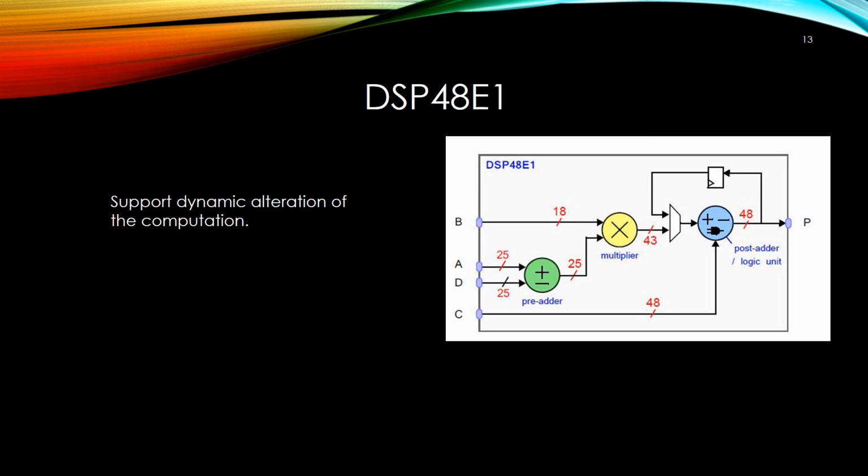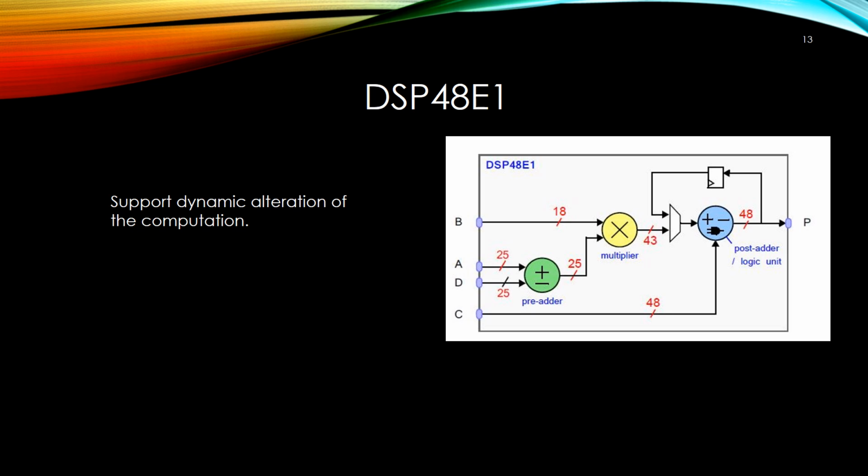The DSP48E1 makes use of multiplexing circuitry to permit flexible usage of registers and to support dynamic alteration of the computation. Various computations are possible involving 1, 2, or 3 arithmetic operators. It is also capable of SIMD processing, implementing 2 or 4 shorter addition, subtraction, accumulation operations of 24 or 12 bits respectively.